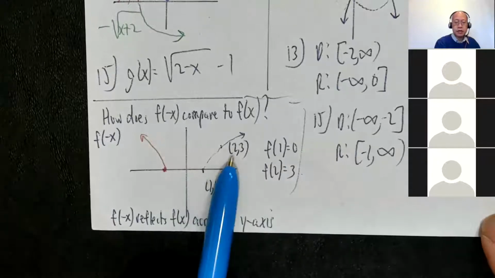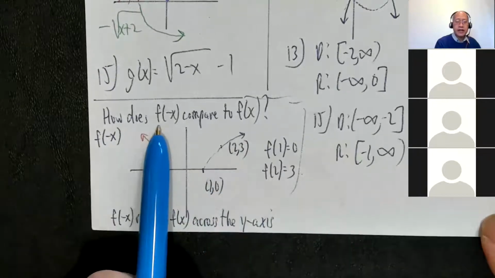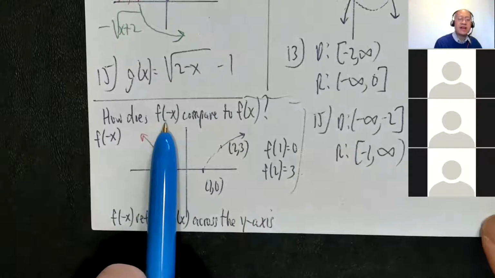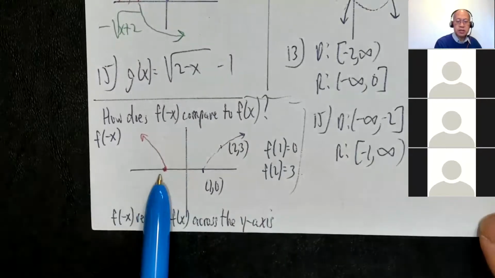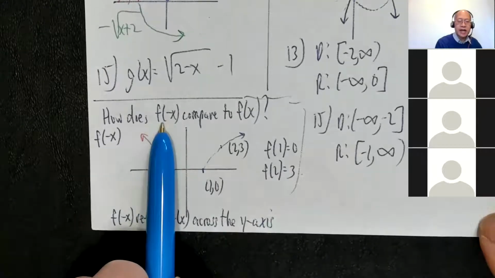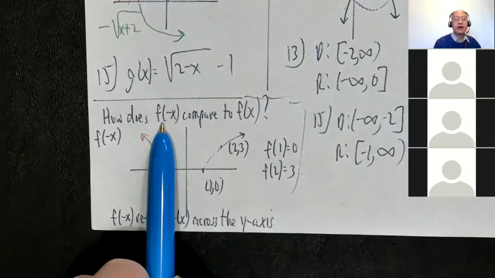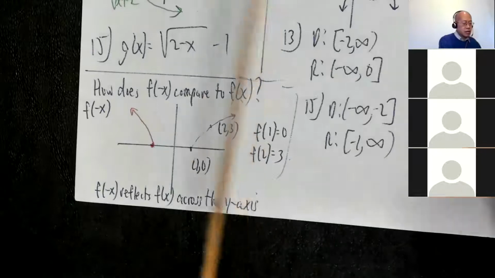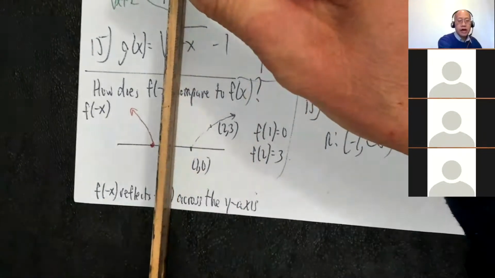For f of negative x, if I plug in negative 1, I'm doing f of negative 1, which is f of 1, which is also 0. And if I plug in negative 2, I'll be doing f of negative 2, which is f of 2, which I know is 3. So it's going to end up reflecting across the y-axis.